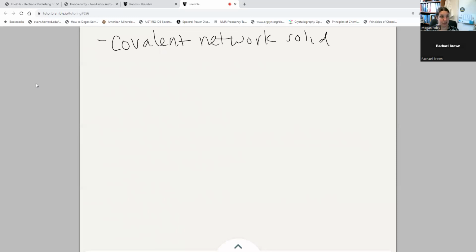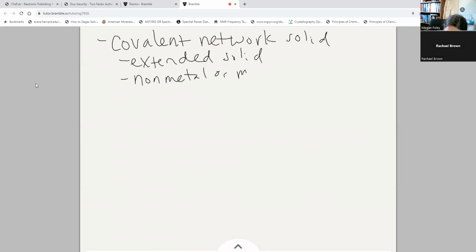So it's another thing that goes on and on and on. So this is another extended solid, and it's composed of non-metal or metalloid atoms that are held together by covalent bonds.